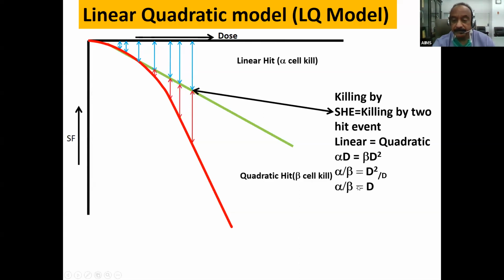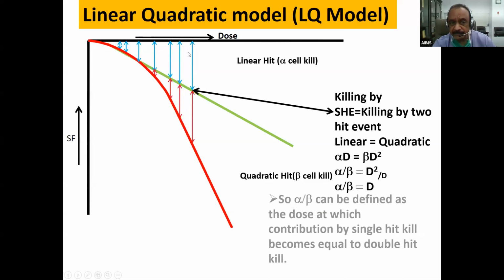So alpha beta ratio is basically nothing but the dose at which the two processes of cell kill become equal. I hope all of you understand that alpha beta ratio is nothing but the dose at which the two processes of cell kill become equal. Now what happened after this?